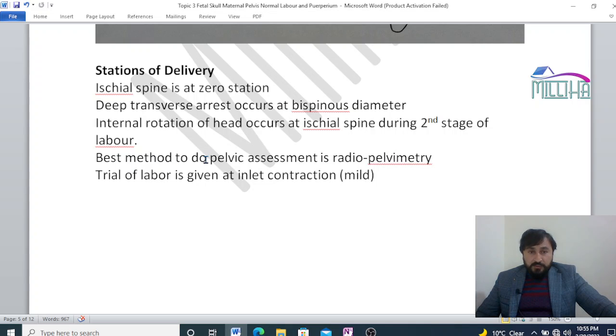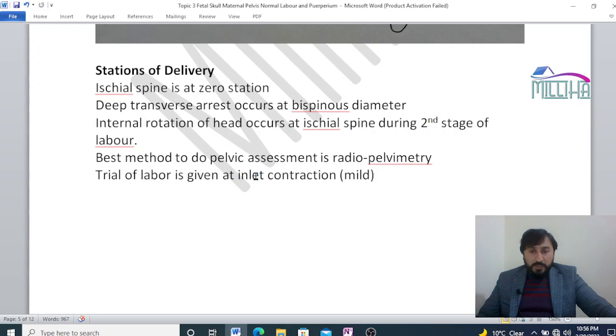Okay, so during second stage of labor, when the child is actually born, at that point there is internal rotation, thereby a mechanism of labor. Step by step, they are also called cardinal movements of the fetus that I will explain later on. Internal rotation of head occurs at ischial spine during second stage of labor.